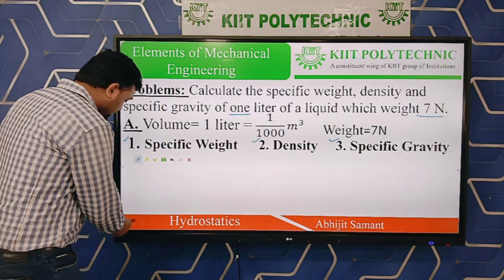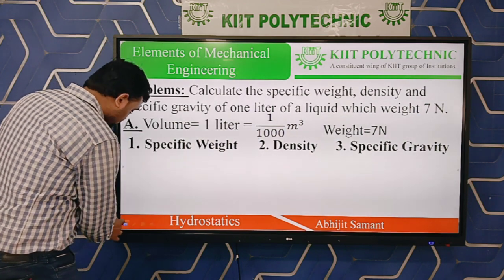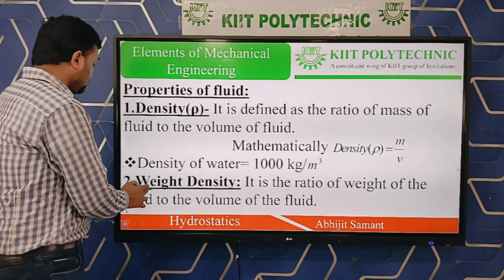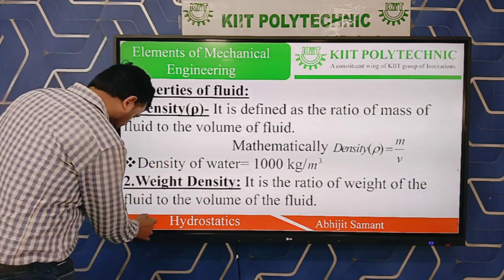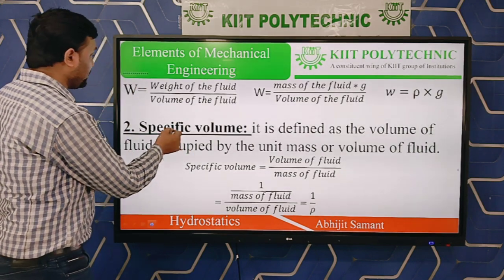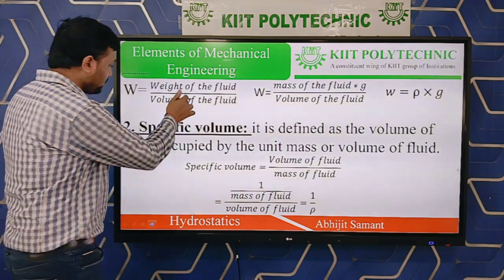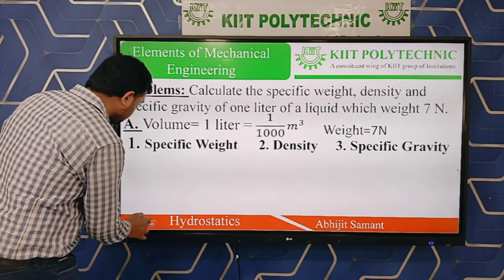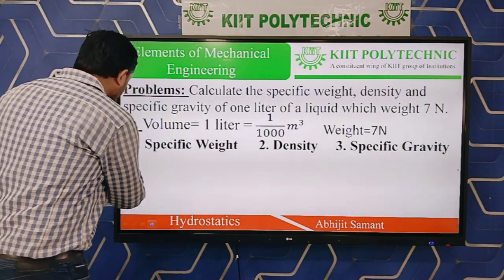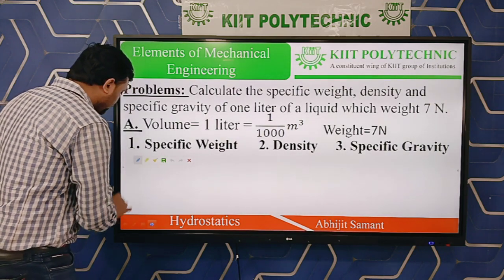Specific weight, W, is equal to the weight of the fluid divided by the volume of the fluid. We know this formula, so here we have to derive the specific weight.